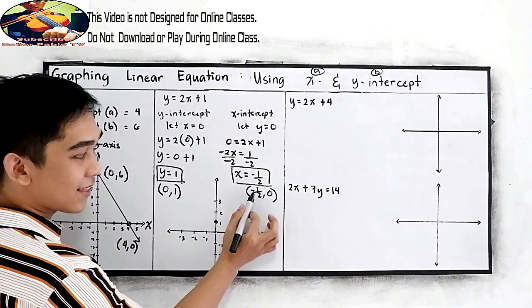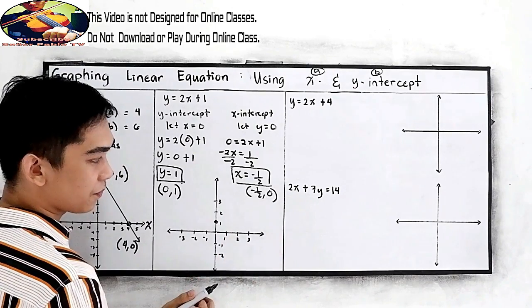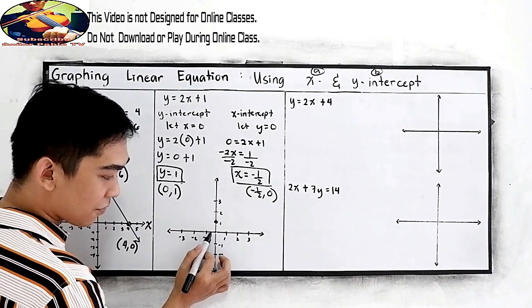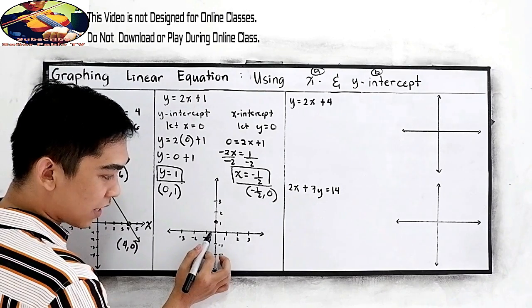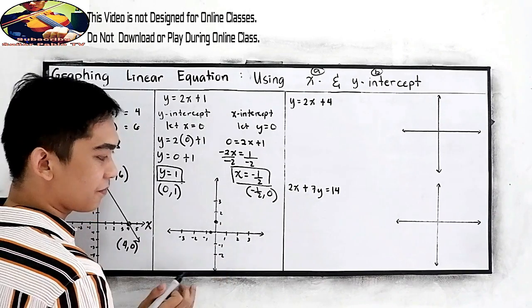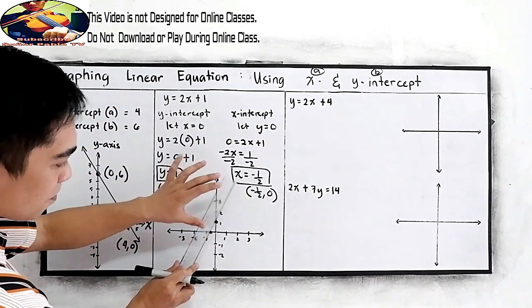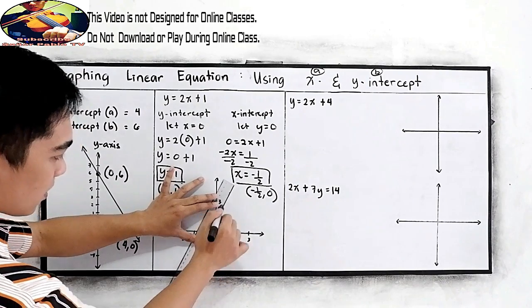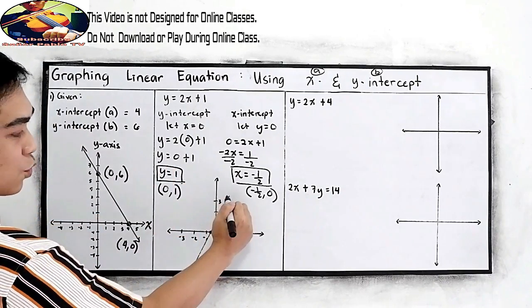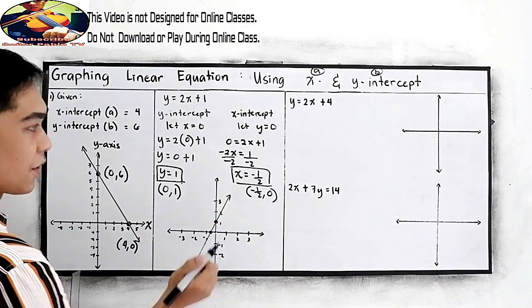Next, negative 1 half, 0. Negative 1 half, 0. Okay, let's see. Now connect the points. This will be our graph.